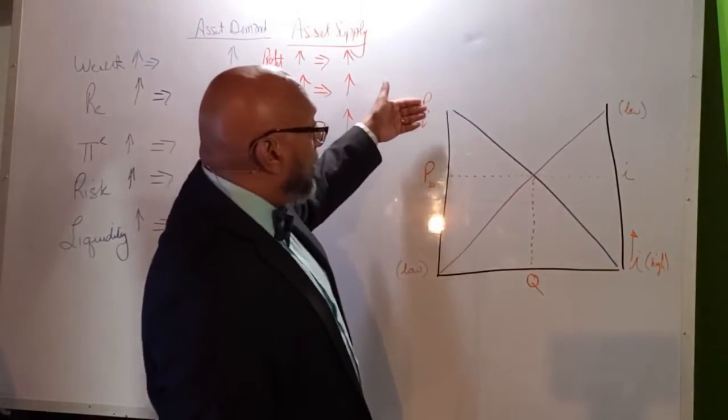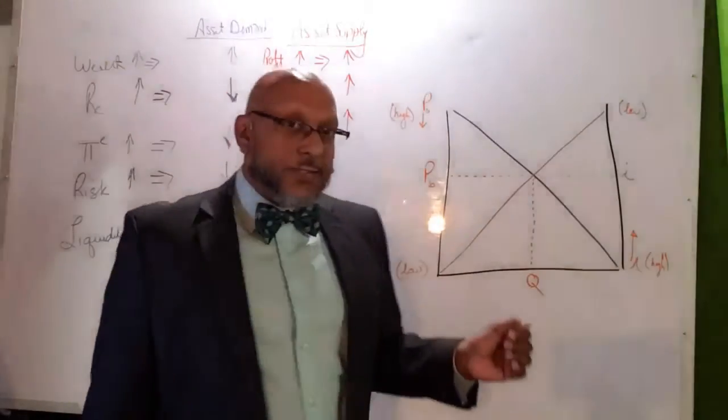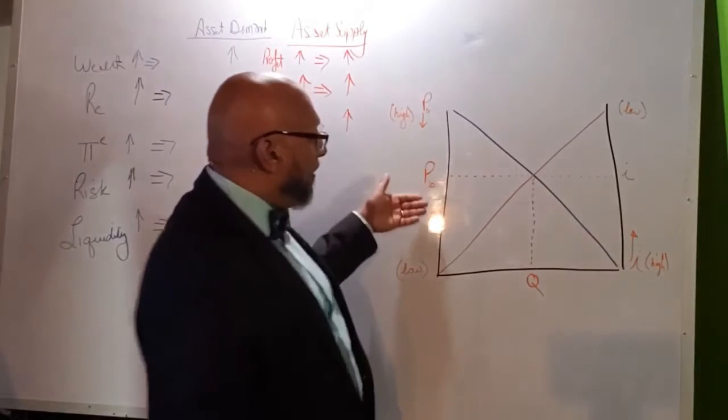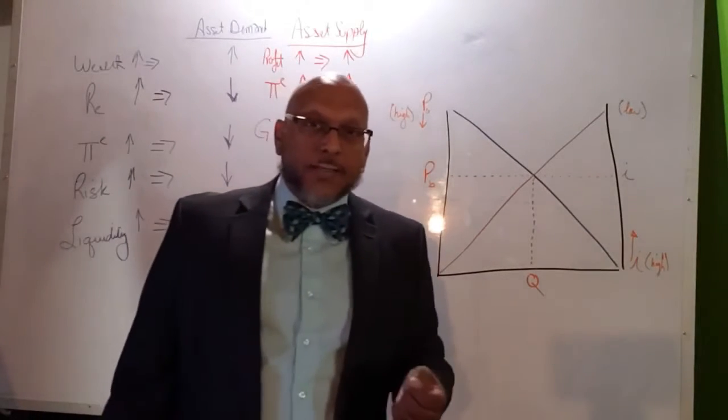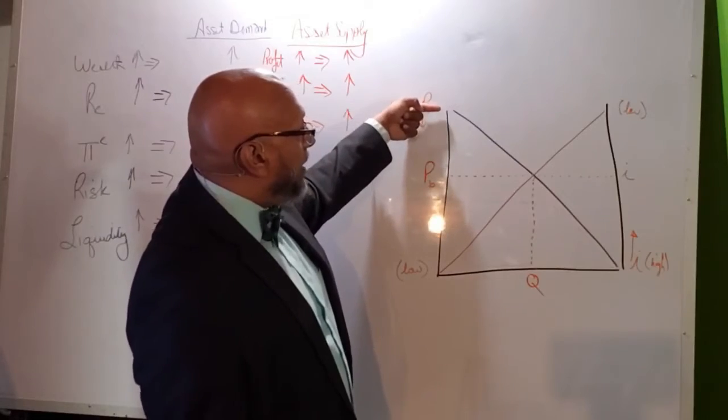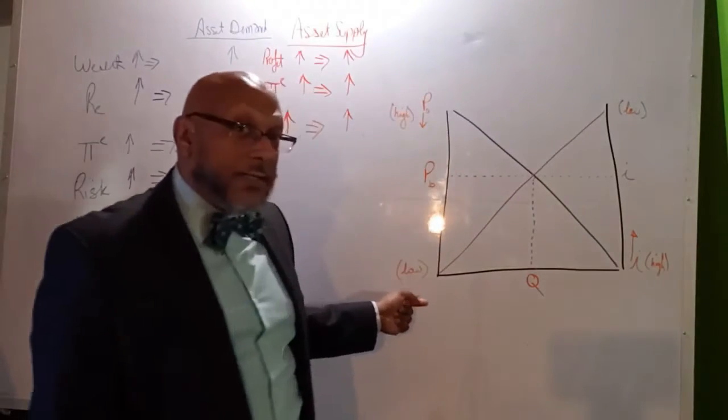And the left vertical axis here is the price of a bond. I'm going to focus on bonds a little bit. The price of a bond with the highest price on the top and the lowest price on the bottom.